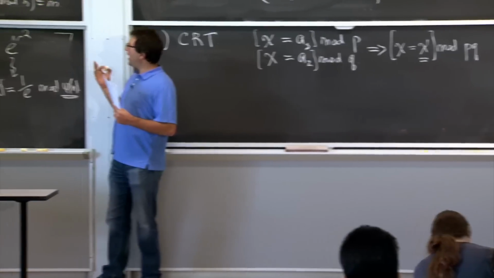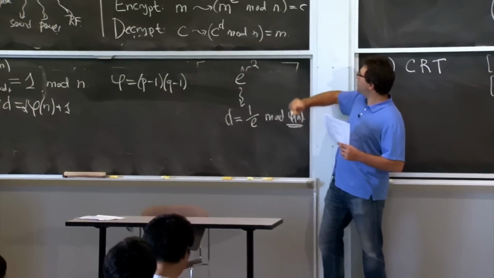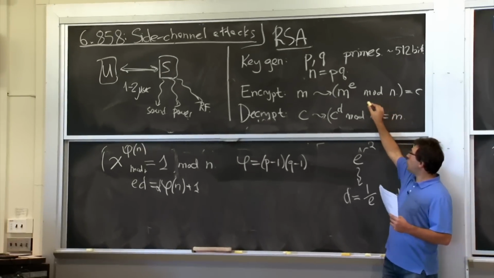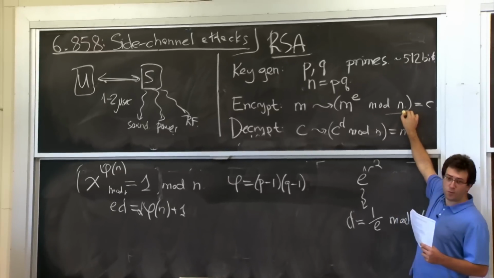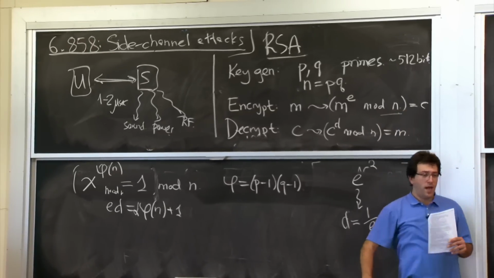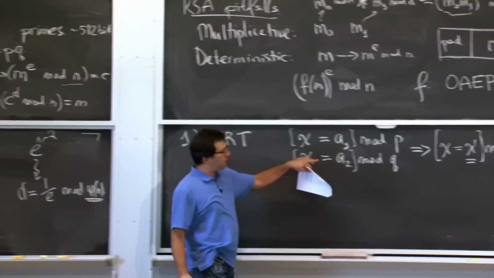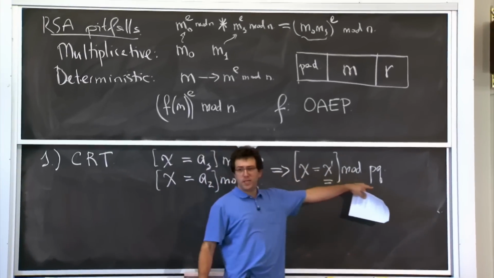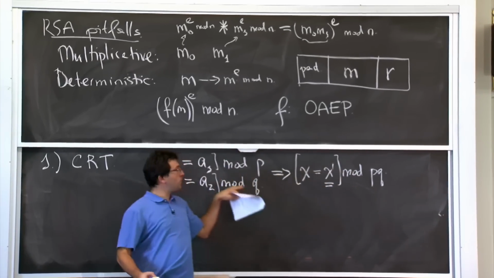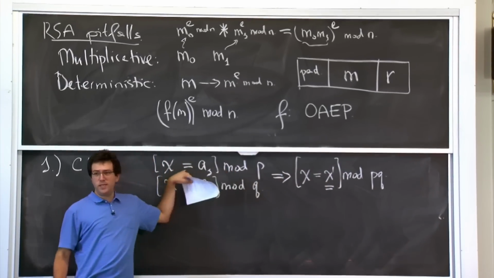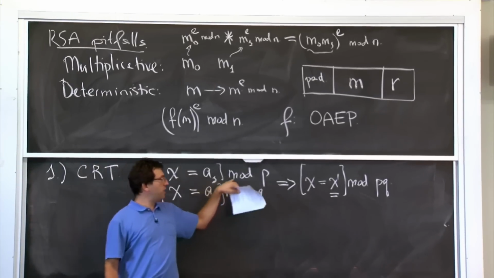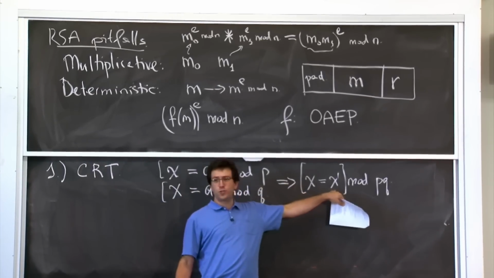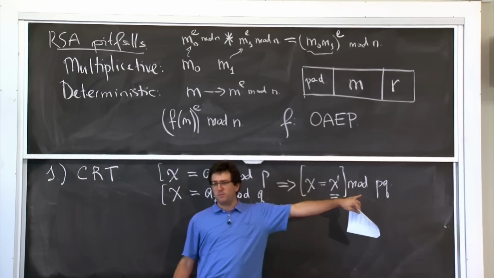The way this is going to help us is that, if you notice, all the time we're doing this computation of some bunch of stuff modulo n, which is p times q. And the Chinese remainder theorem says that if you want the value of something mod p times q, it suffices to compute the value of that thing mod p and the value of that thing mod q, and then use the Chinese remainder theorem to figure out the unique solution to what this thing is mod p times q.